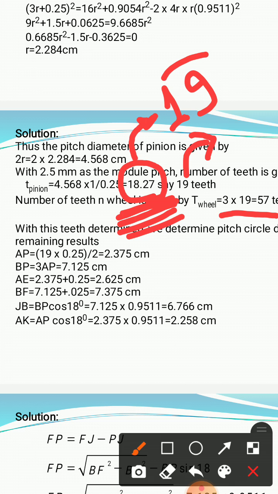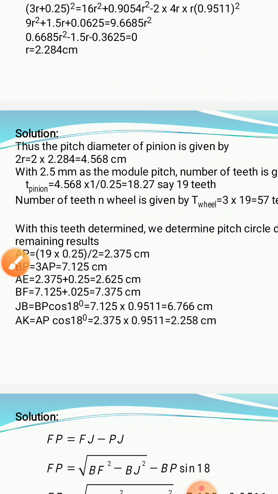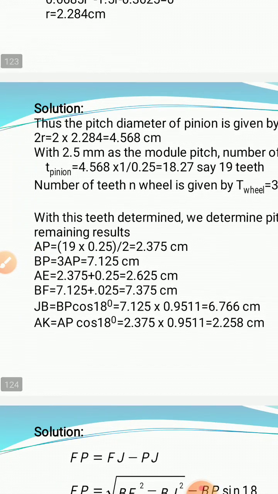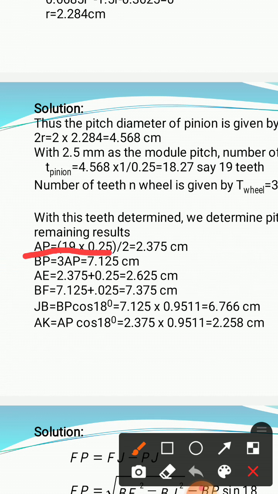With this change, the previous values change. With this modified teeth value of 19, the pitch circle diameters and radius change, and we have to find them out here.